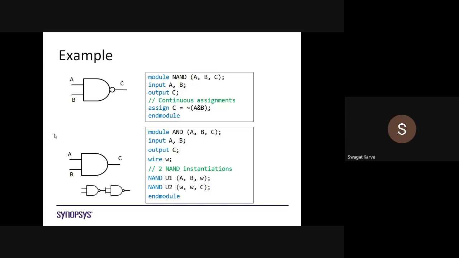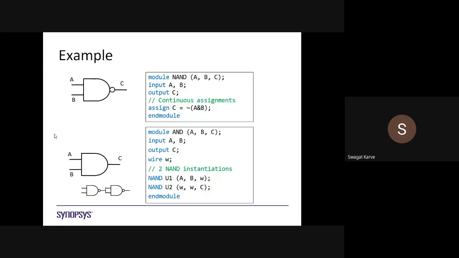It will calculate whenever there is a change in A or B, it will calculate A AND B, then the NOT of that answer, that means a NAND gate simply, and the final output will be assigned to the C, right?